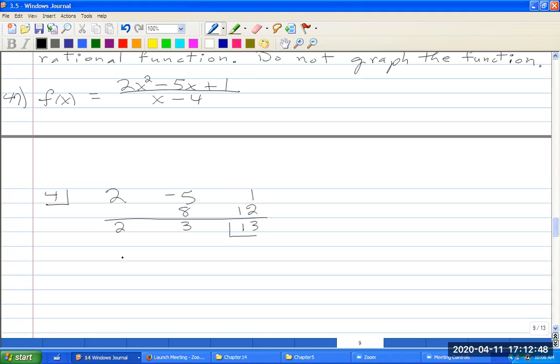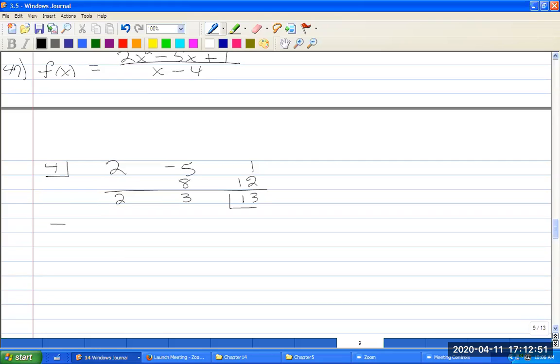Okay, so we get that f of x is equal to 2x plus 3 plus 13 over x minus 4.